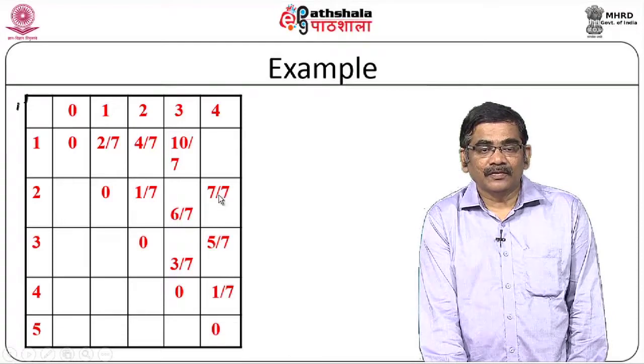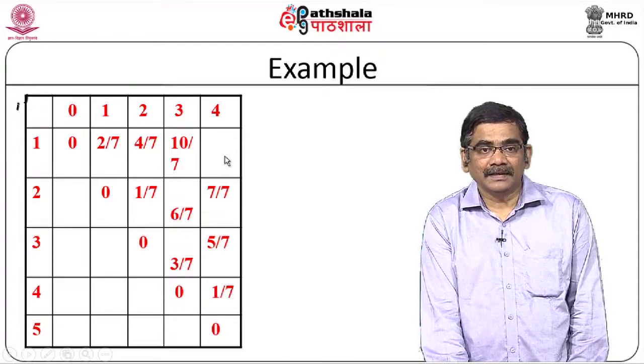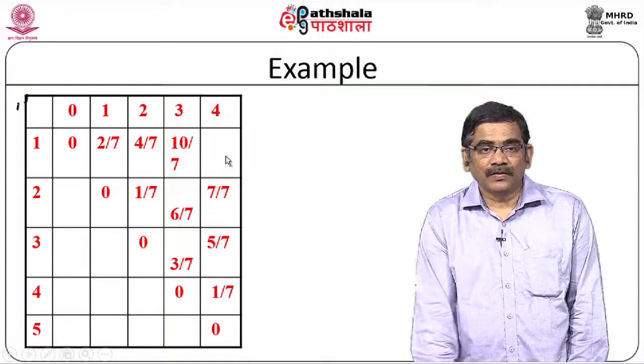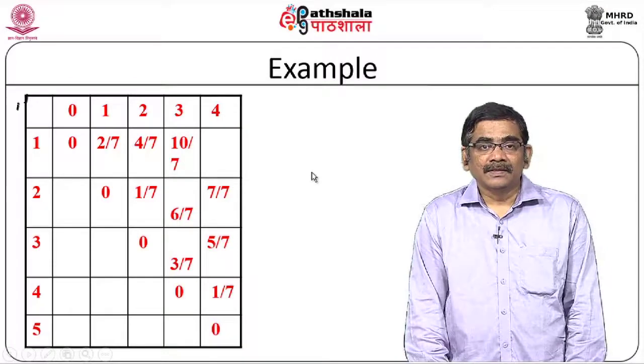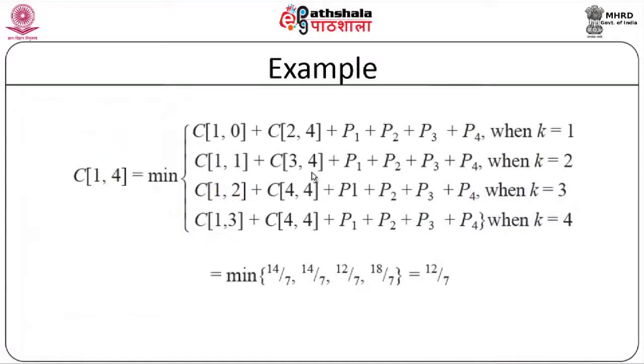Now we have to find only one thing, that is 1 comma 4, which is our goal. Again by applying the recursive definition, it is the minimum of all these factors, which turns out to be 12 by 7.